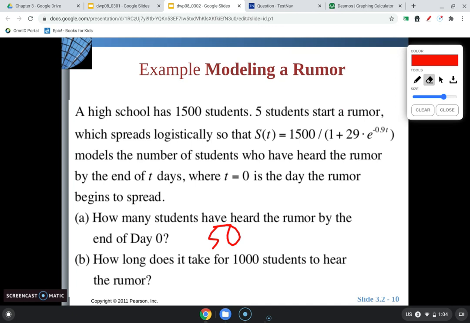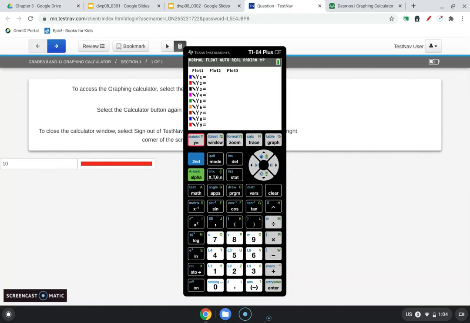How long does it take for 1,000 students to hear the rumor? I'm going to have to build a table here, so I'm going to go to my calculator.